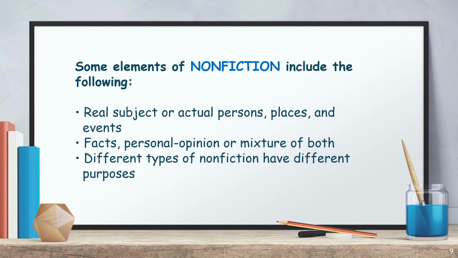Of course, we have the real subject or actual persons, places, and events. We also have facts, personal opinion, or a mixture of both. And for the last one, we have the different types of nonfiction and have different purposes.